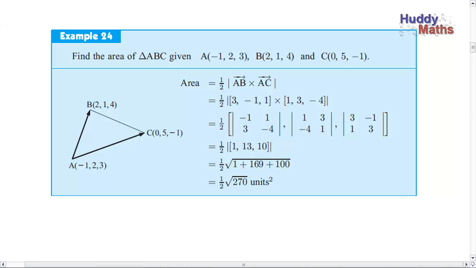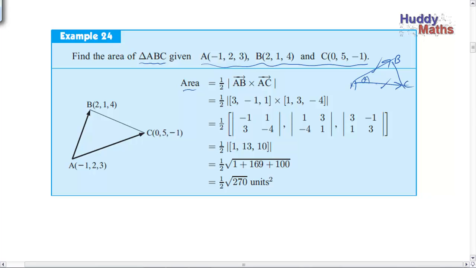So here we are. What if we have a triangle ABC and we're given just the vertices in 3D? A good way of finding the area of that triangle is to say, well, let's first of all see what we're doing. ABC labelled around the figure. So let's use AB cross AC, because that will give us length of AB, length of AC, by the sine of the angle between them.